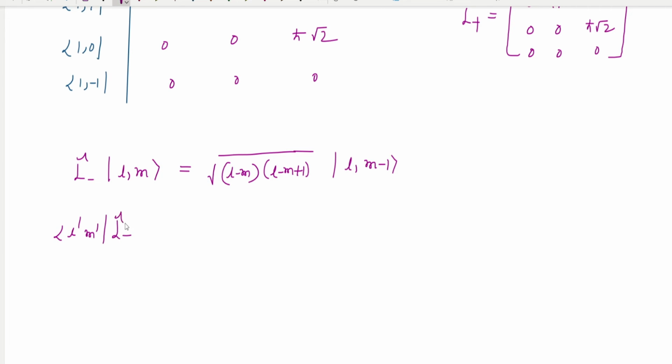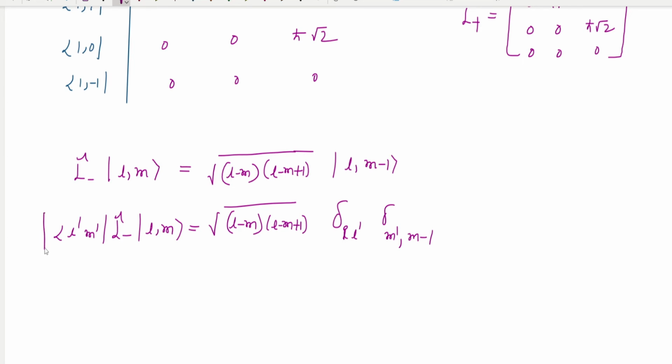L minus, if you apply it, gives root of L plus m into L minus m plus 1, times delta L prime L, delta m prime, m minus 1.